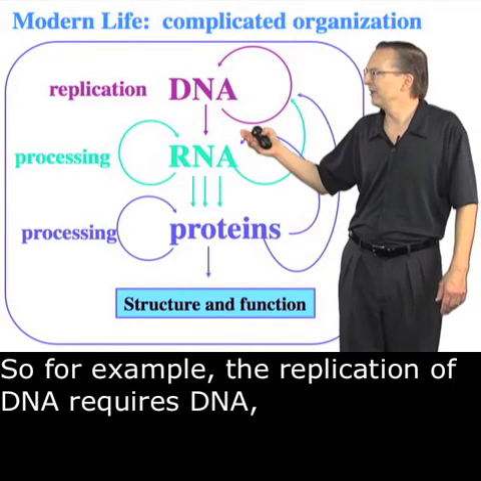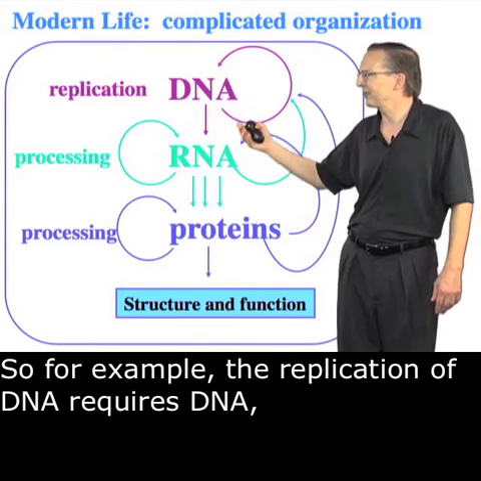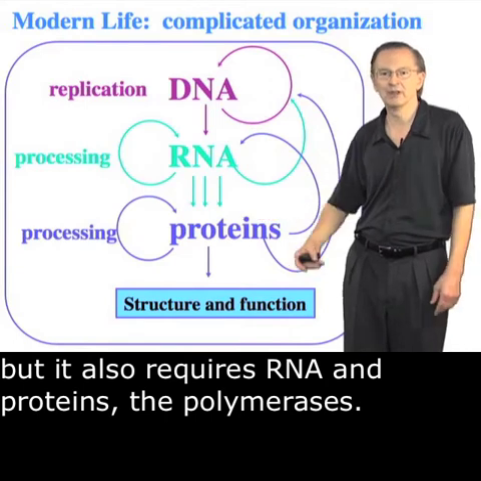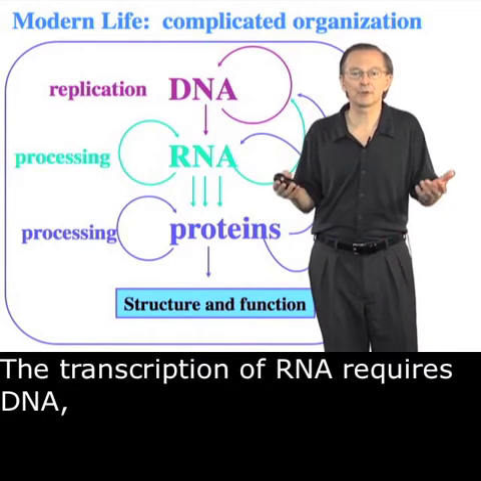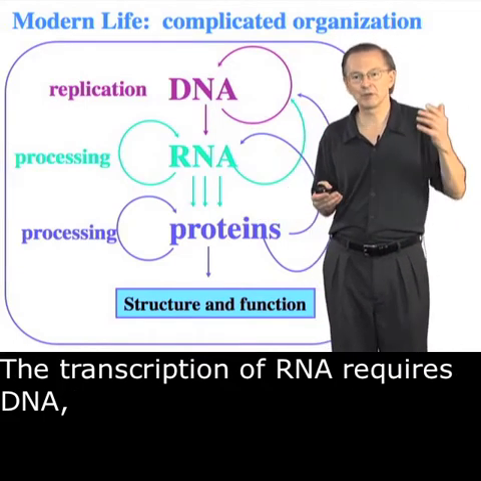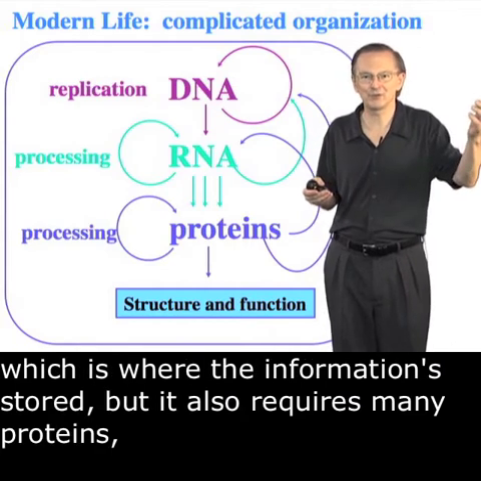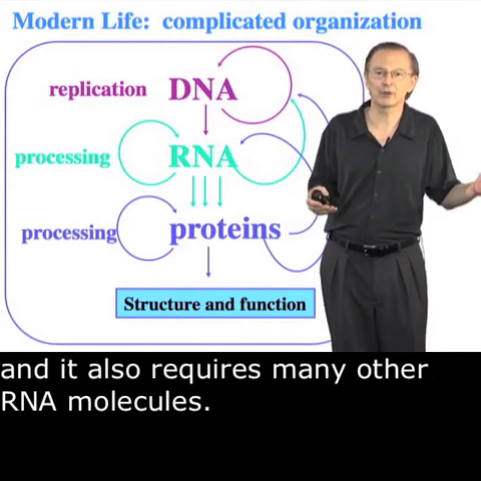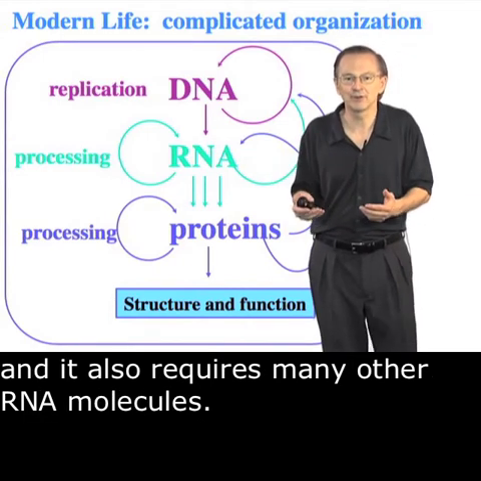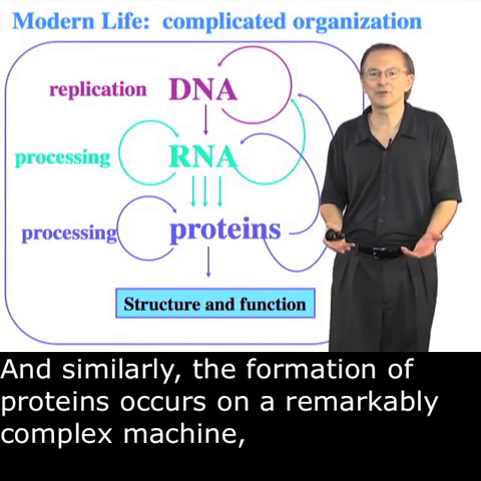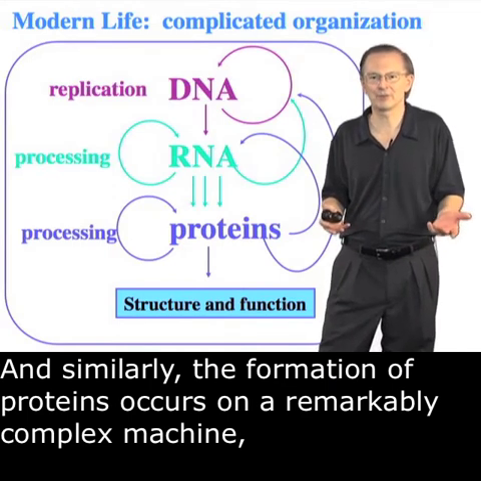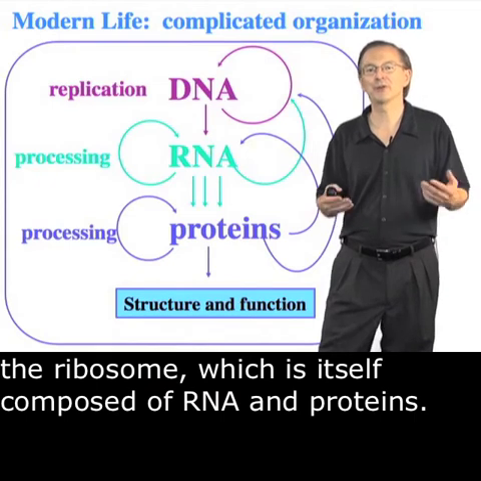So for example, the replication of DNA requires DNA, but it also requires RNA and proteins, the polymerases. The transcription of RNA requires DNA, which is where the information is stored, but it also requires many proteins, and it also requires many other RNA molecules. And similarly, the formation of proteins occurs on a remarkably complex machine, the ribosome, which itself is composed of RNA and proteins.